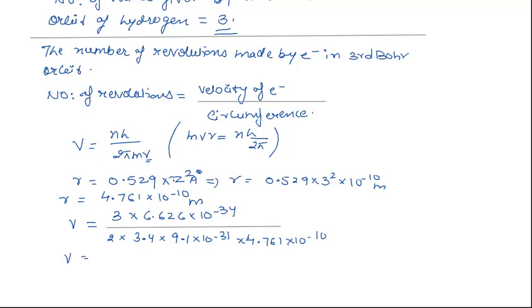Let's calculate, it should be 3 multiplied by 6.62 divided by 2 divided by 3.14 divided by 9.1 divided by 4.761, that is 0.067 into 10 to the power 6, right?